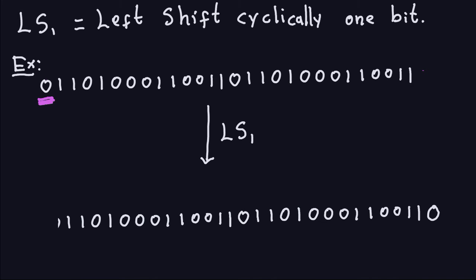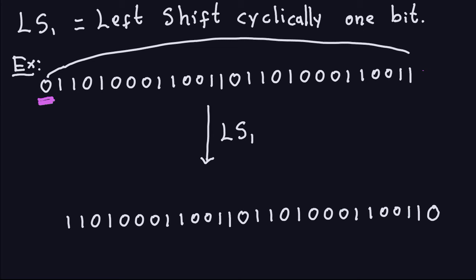All right, once I've done that, this is the output of the left shift. Again, what we did was move the 0 that was here to this position, and the other positions are left unchanged. So that's a left shift cyclically of 1 bit. That's what the left shift is doing.